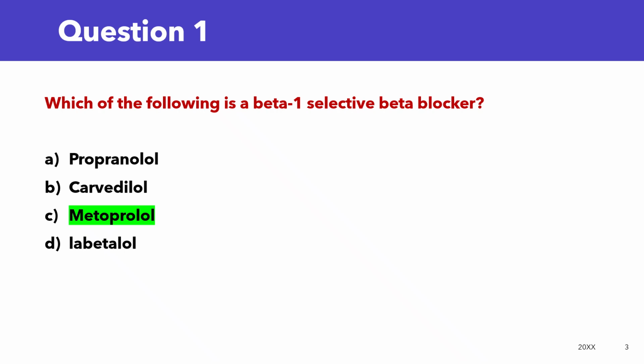So alpha 1, that's the blood vessels. So you get some of the vasodilation with carvedilol that you don't get with some of the other beta blockers. And then labetalol is also a non-selective beta blocker. So it has beta 1, beta 2 blockade, and also alpha 1 blockade.